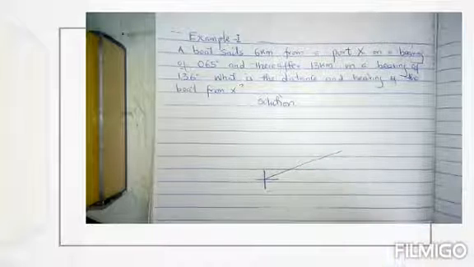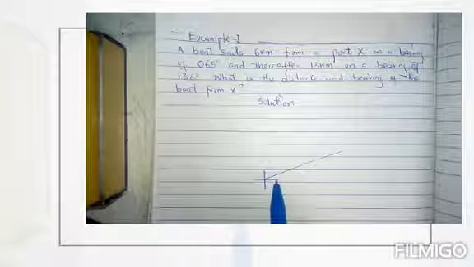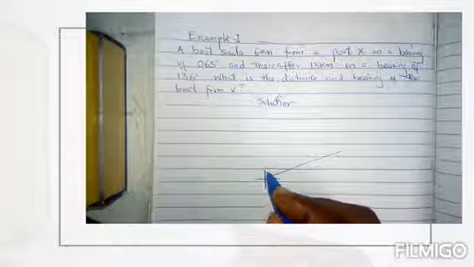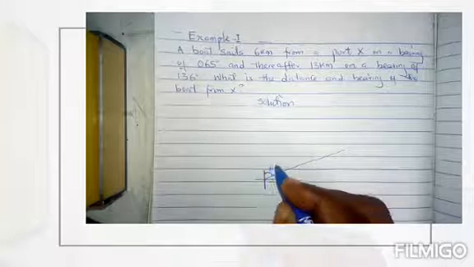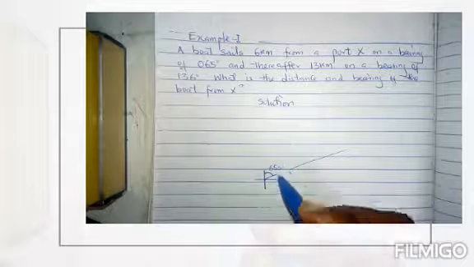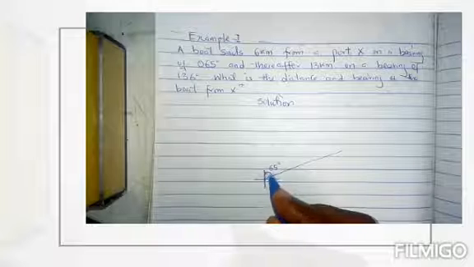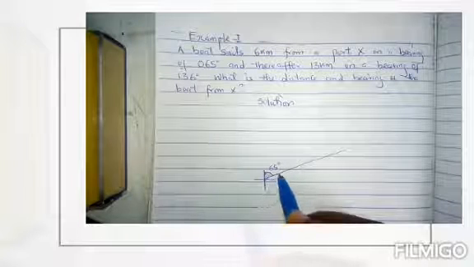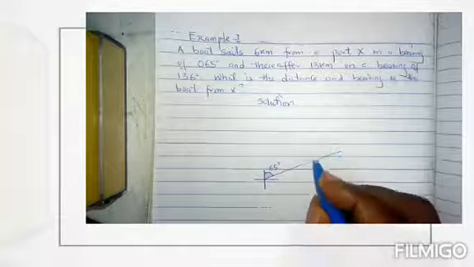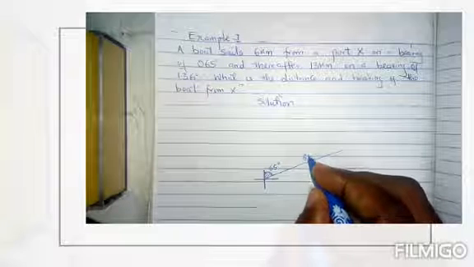It's like splitting 90 into different sizes. So you should know how to split this to have your 65 degrees. So this is my 65 degrees. From here down here, this angle is 65 degrees. So this is the direction that the boat moved, and it moved a distance of 6 kilometers, they said.